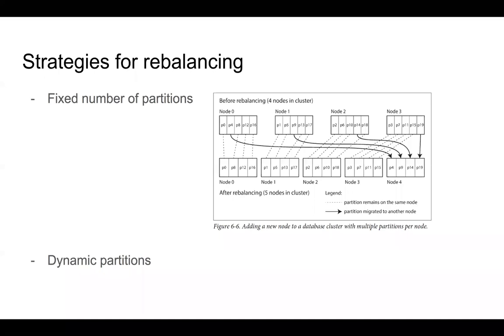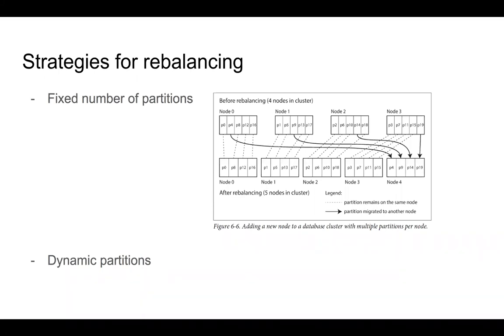So I think the other approach could be, and I don't know if this is the right approach, that when we were moving P4, when we have started the move, we can say that all the writes for P4 will now go to node 4, and all the reads will go to both node 0 and node 4.